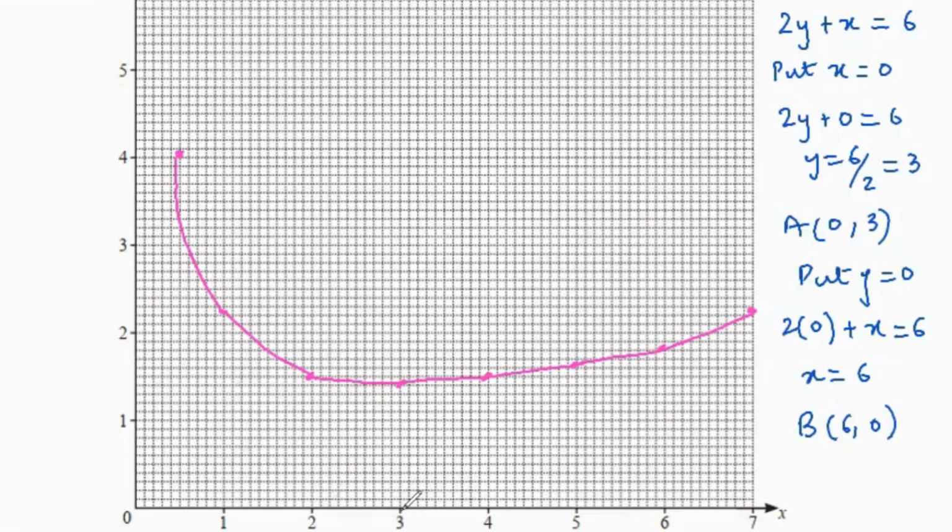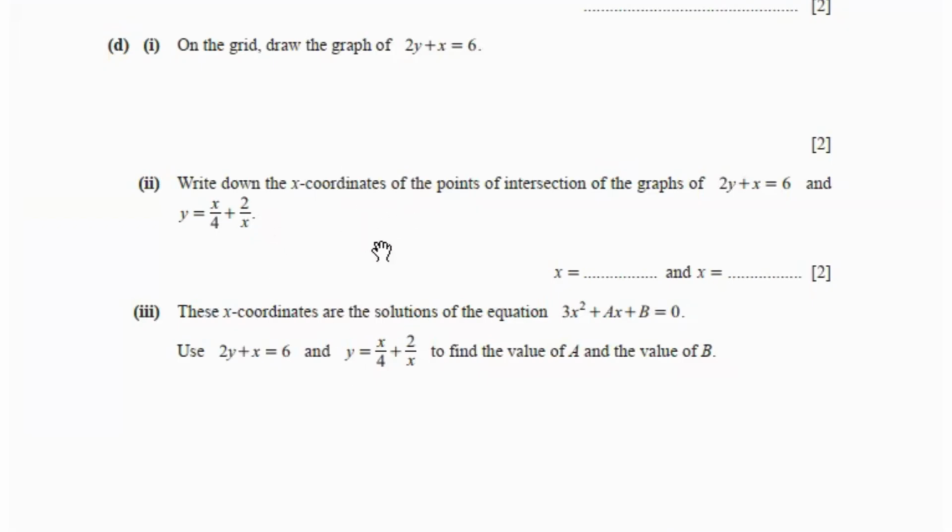So 0, 3 is over here, and 6, 0 is over here. That is the line of 2y plus x equals 6. Then it's asking us to write down the x coordinates of the points of intersection of the graph of 2y plus x equals 6 and y equals x over 4 plus 2 over x.